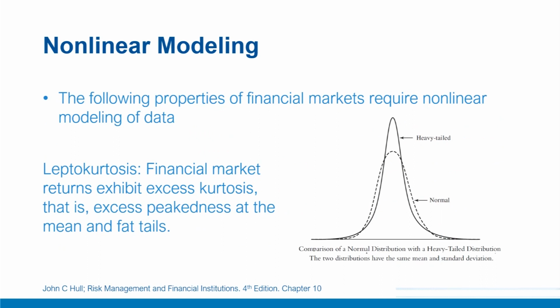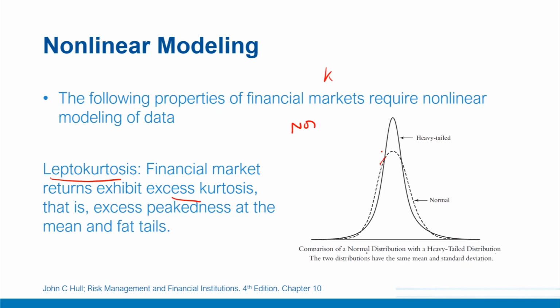Let's explore why. One of the very important properties of financial market returns is called kurtosis. While the normal distribution assumes a kurtosis of 3, financial return data often does not agree with that. For example, it often exhibits something called leptokurtosis, where it exhibits excess kurtosis, that is, excess peakedness.